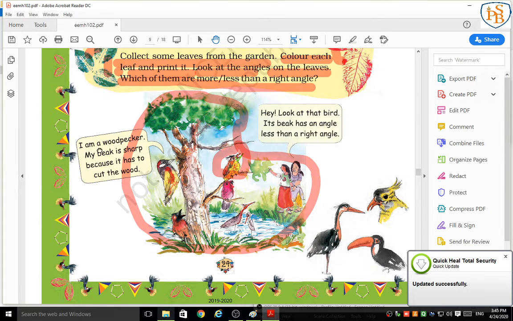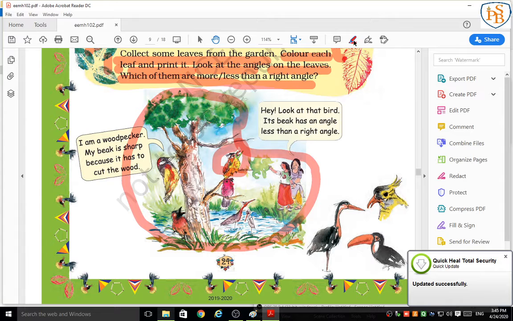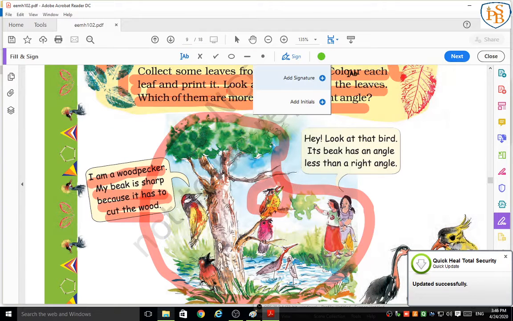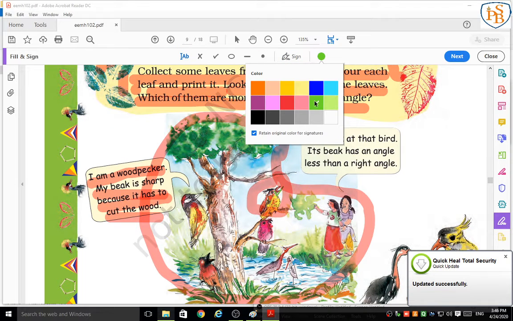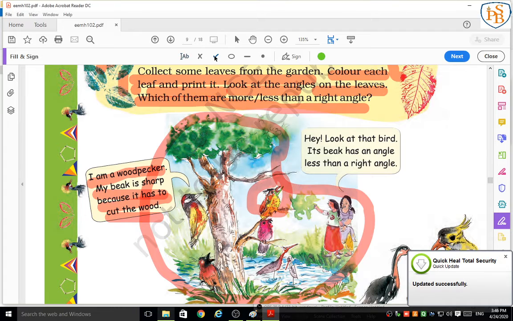I am a woodpecker. My beak is sharp because it has to cut the wood. Again, if we observe its beak, again it shows some angles.